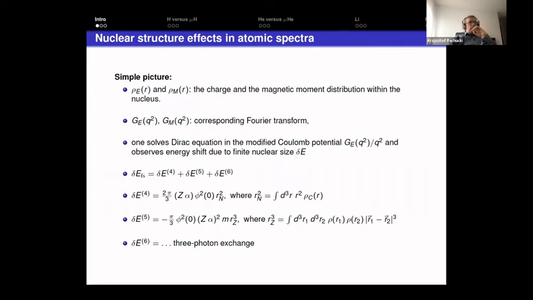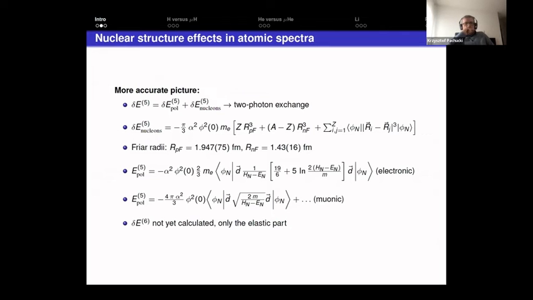In the true world, delta E5 is not given by this third Zemach radius. We obtain it only because of our simplified picture of the nucleus. In the more realistic picture, on the next slide, one has to take into account that the charge radius of the nucleus comes from the individual protons and, in some sense, also from neutrons.